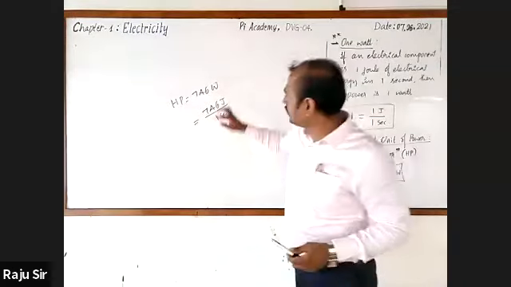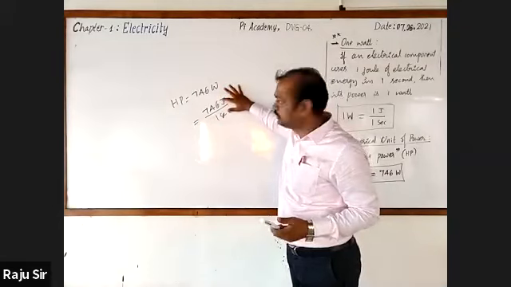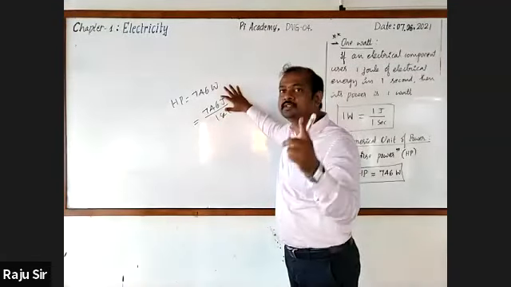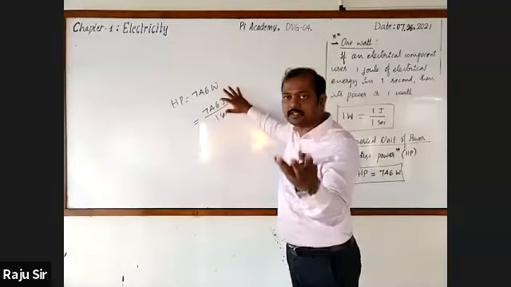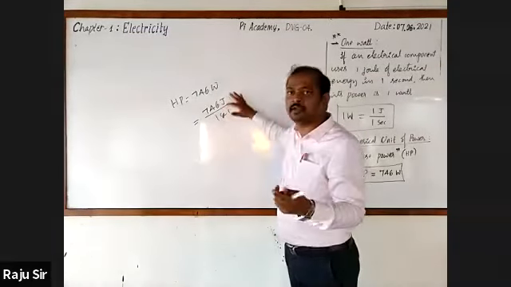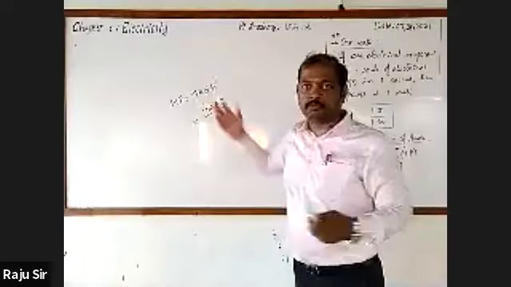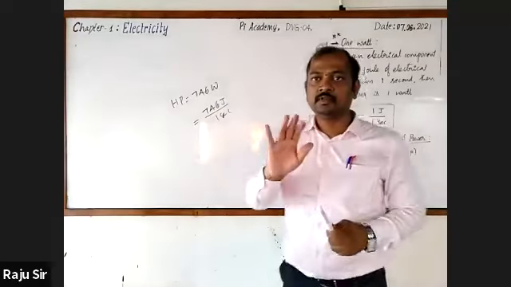If an electrical component consumes or uses 746 joules of electrical energy in 1 second, then its power is said to be 1 horsepower, nothing but 746 watts. Understood?